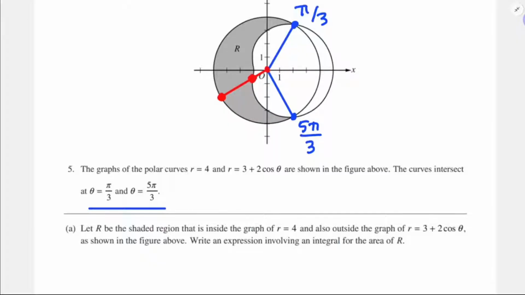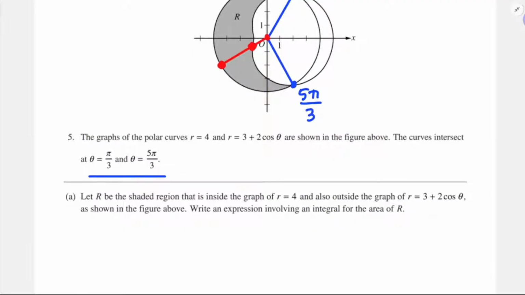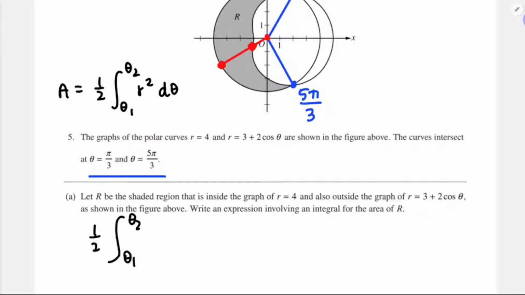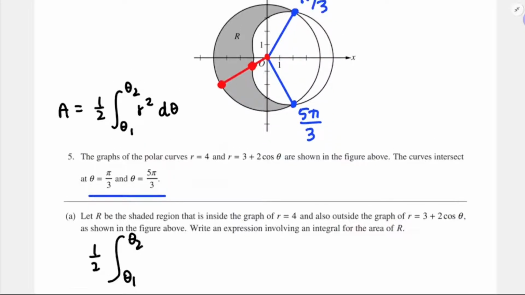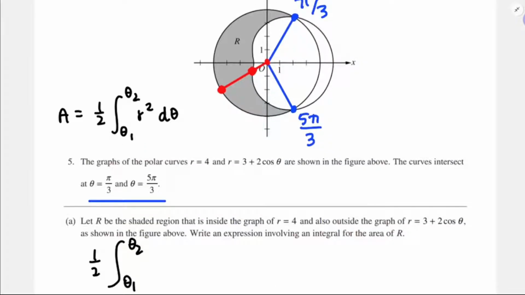Okay, so what you also need to remember is the formula for polar area, and so that's area equals 1/2 of the integral of r squared with respect to theta between two theta values. Okay, they gave us the theta values, so it's going to be 1/2 of the integral from theta 1 to theta 2 of, okay, on the outside, let's think, we do have to figure this out without a calculator.